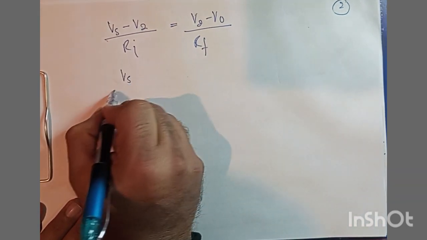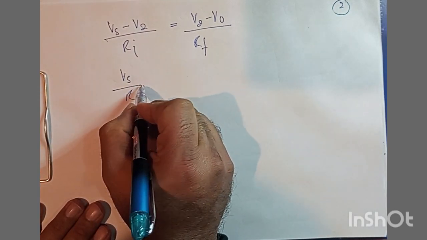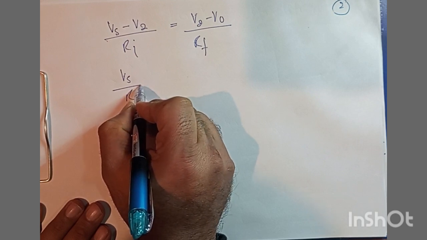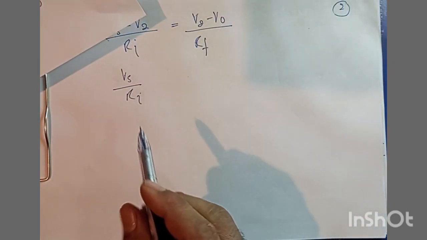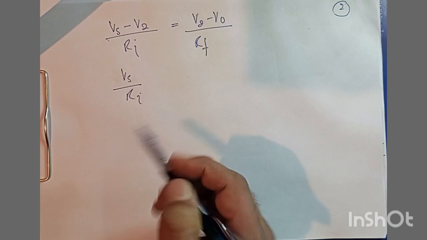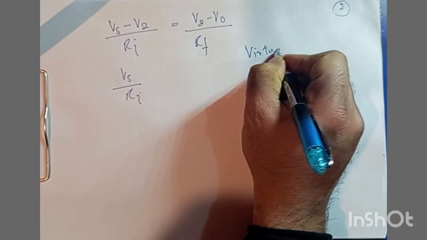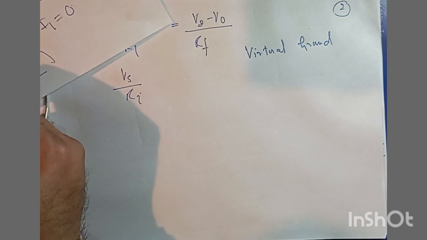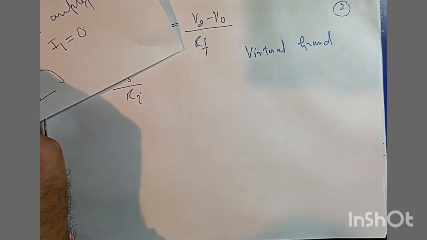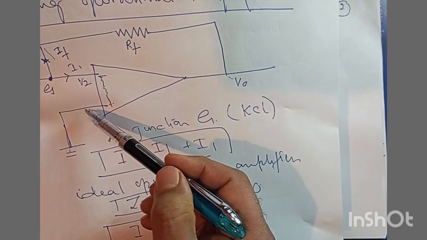So this is Vs by Ri minus, we have to look for V2 here. What we would like to use here is the concept of virtual ground. Now, what is virtual ground here? For the virtual ground situation, since no current is flowing between this point and this point, the potential at this point is equal to the potential at this point.